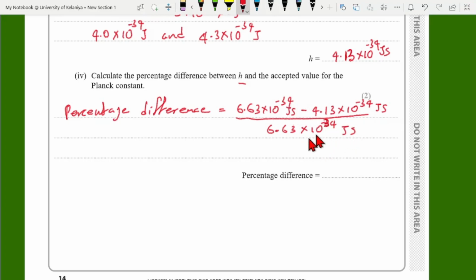So your units will be cancelled out, you don't have to worry about that, and you should multiply this by 100%. If you calculate this one, you will get 38%, a massive percentage difference, right?